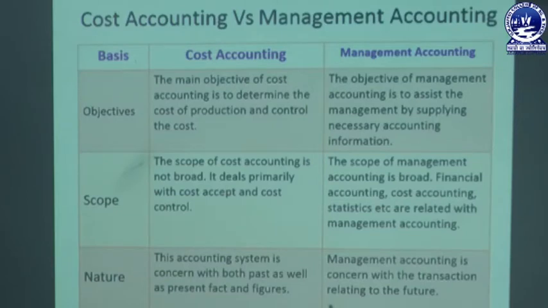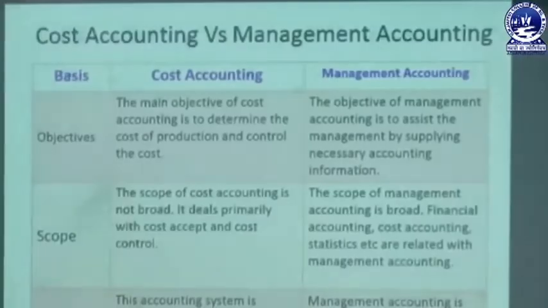So from the objective point of view, cost accounting is a formal mechanism for ascertainment of the cost of a product or providing services, and it is basically used for controlling the cost. That is the main objective. But the basic objective of management accounting is to take managerial decisions for the organization based upon the information or reports supplied by cost accounting as well as financial accounting.